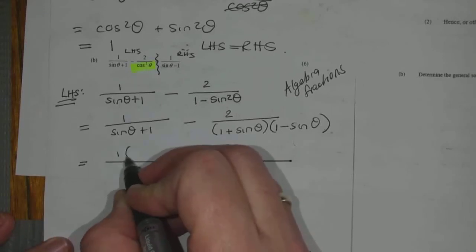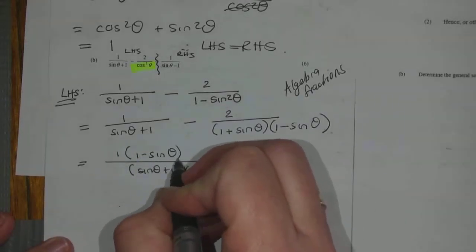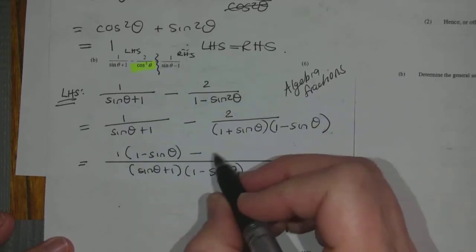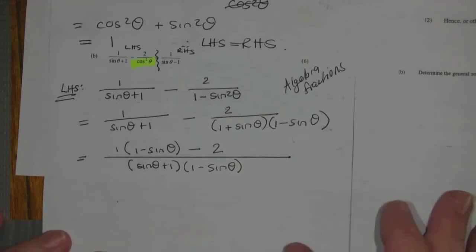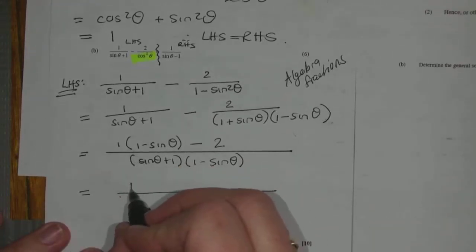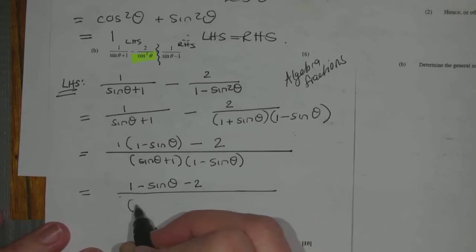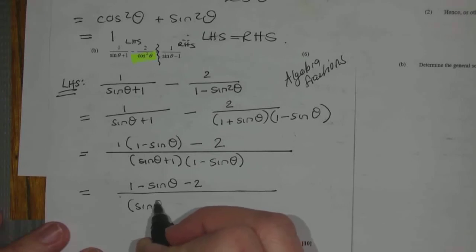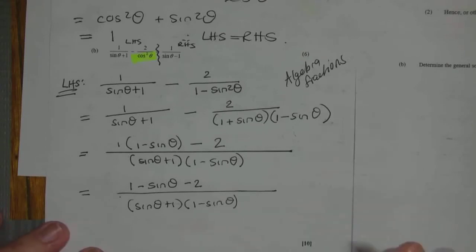So at the top, I am going to multiply with 1 minus sine theta, and I'm just going to have negative 2 right there. Okay, so distributing the 1, I have 1 minus sine theta minus 2, and at the bottom I have sine theta plus 1, and I have 1 minus sine theta.